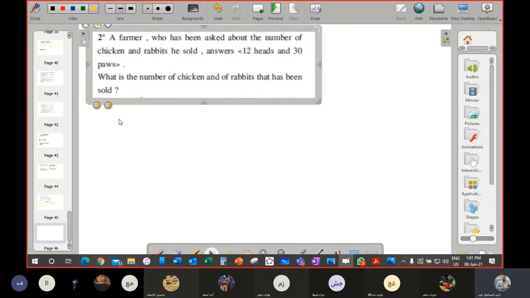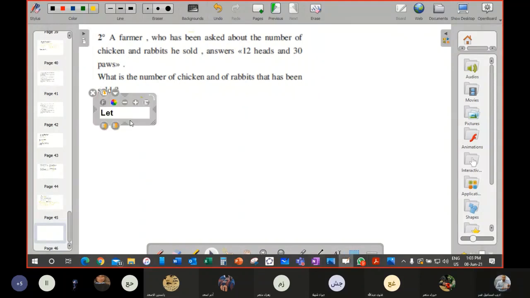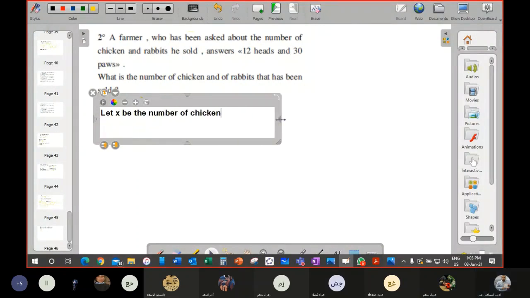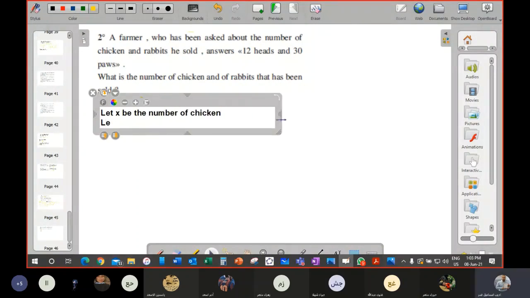So, what do we assume here? The number of chickens and the number of rabbits. Let x be the number of chickens, and let y be the number of rabbits.